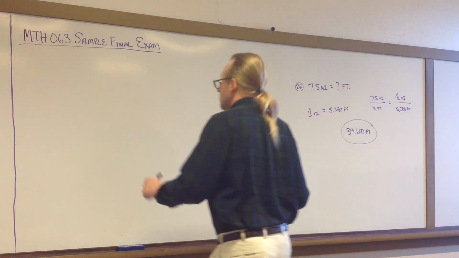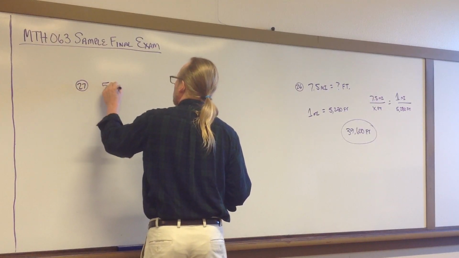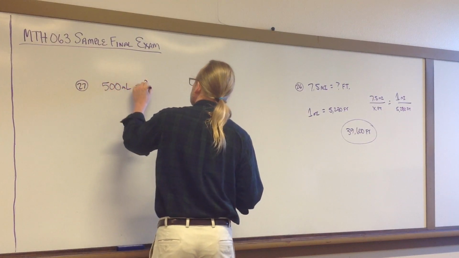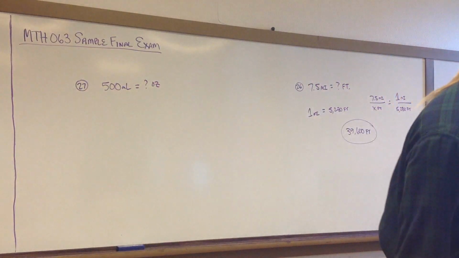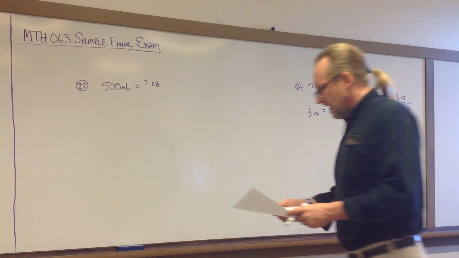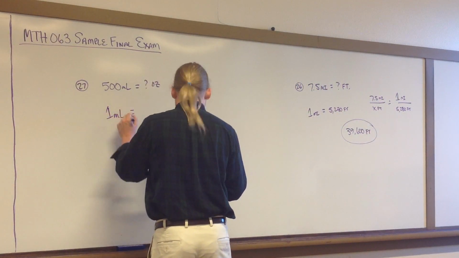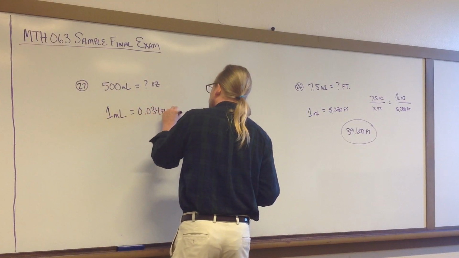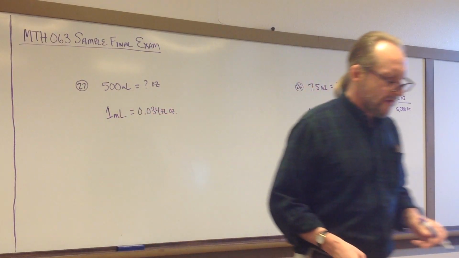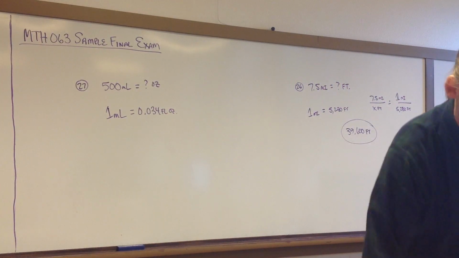Problem 27. Let's see here. 500 milliliters is how many fluid ounces? Okay. Well, we've got a nice convenient conversion here telling us that 1 milliliter is 0.034 fluid ounces. That's what we wanted to know.